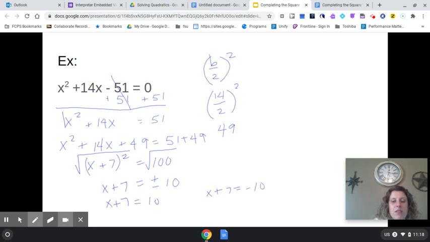Solving both of these for x, we get x equals 3 or x equals negative 17. Again, we should plug these back into the original equation to see if they check.